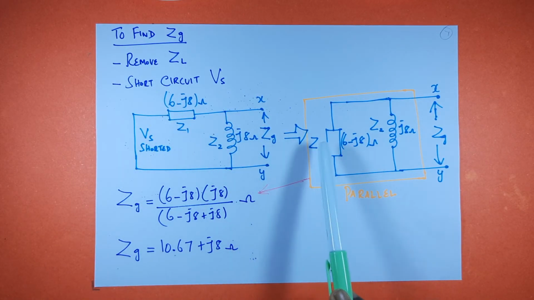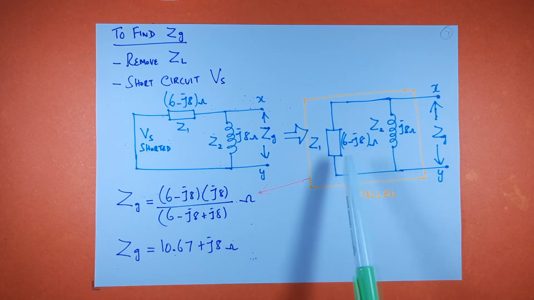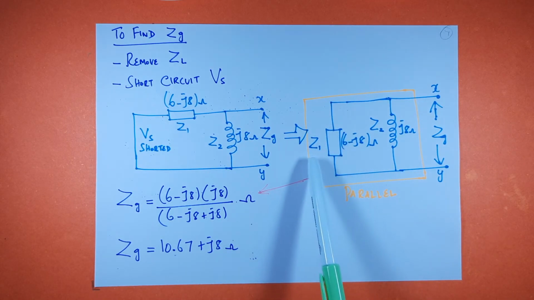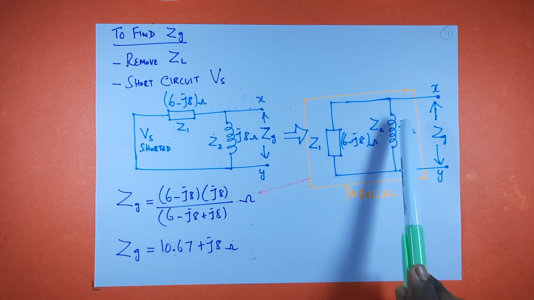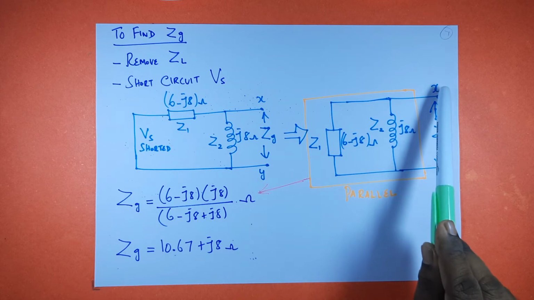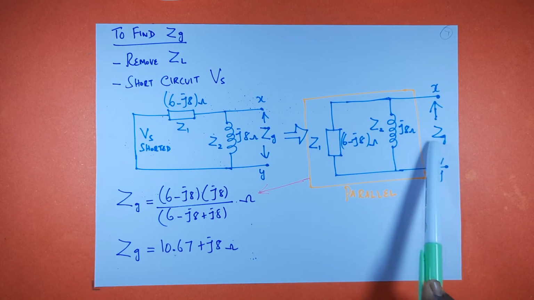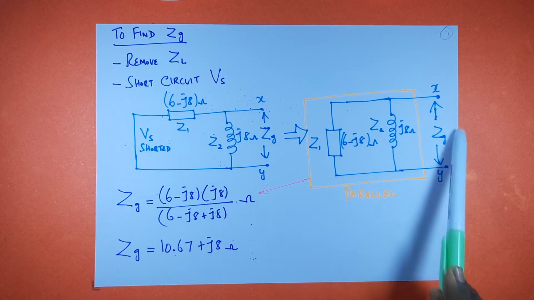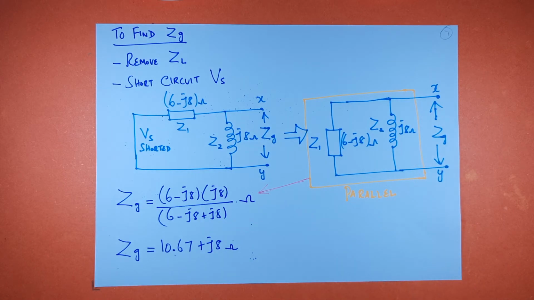So I am just redrawing for your convenience. That is, this is Z1, 6 minus j8 ohm, and we have Z2, j8 ohm, and across this open circuit you find out the impedance, that is going to be Zg. So now this Z1 and Z2 are connected in parallel. So Zg equal to Z1 Z2 divided by Z1 plus Z2. That formula we will be using.